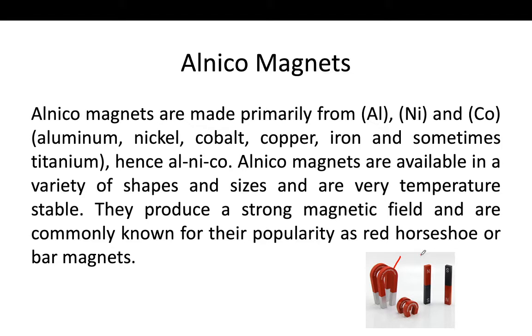And this second type is the bar magnet. These two types of magnets we mostly use in our labs, and they are Alnico magnets. And why are they called Alnico? Because they are made of aluminium, nickel and cobalt.